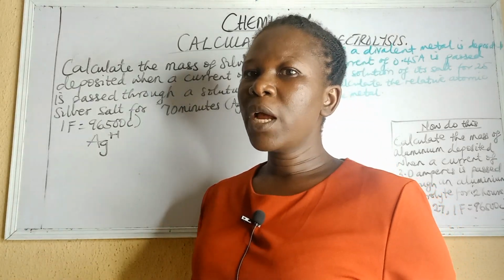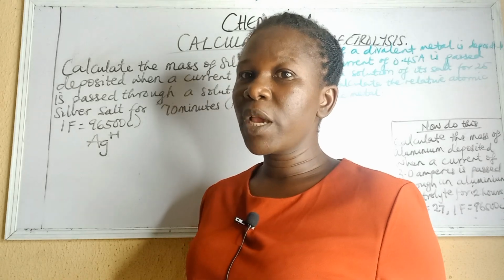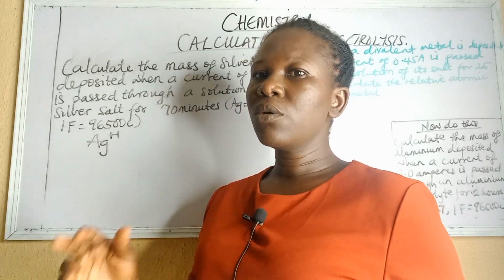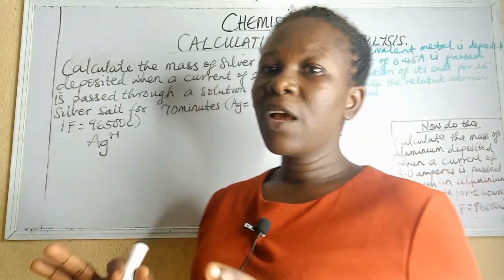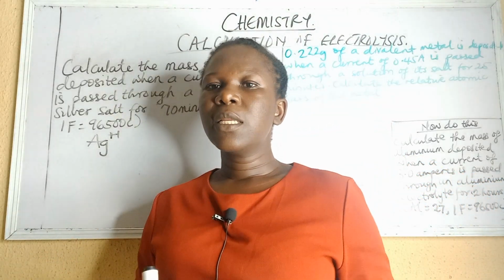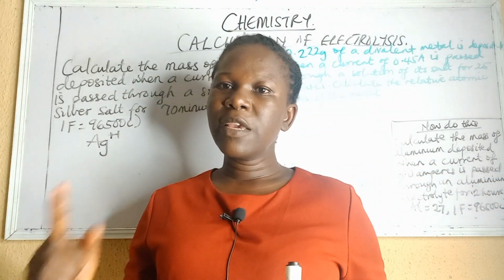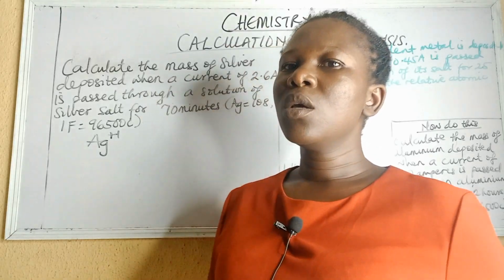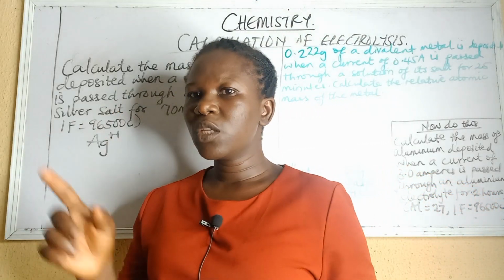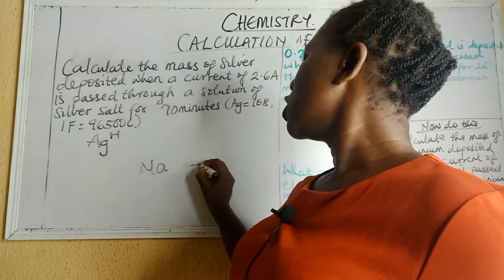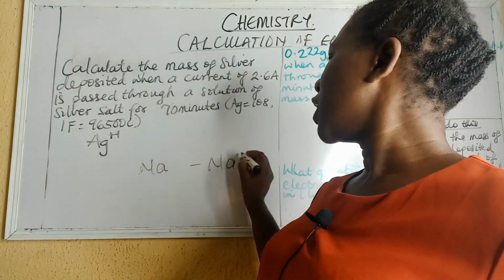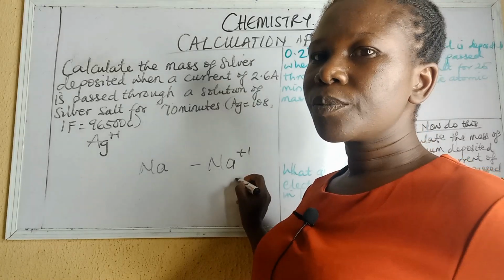You know, a neutral element, for instance sodium, which is number 11, has 2 electrons on the first shell, 8 on the second shell, and the third shell has only 1. It gives out that 1 electron, and when it gives out the electron, it becomes an ion with the number of electrons given out written on top of it. So from the sodium atom, which is 11, it changes to 10, which is the sodium ion.